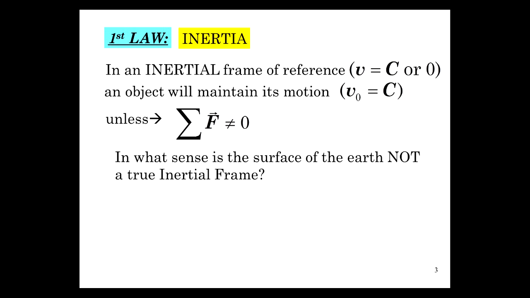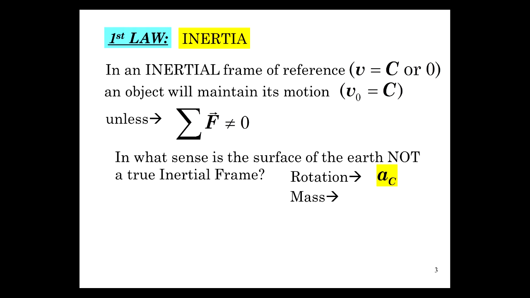That's inertia. Now, in what sense is the surface of the Earth not a true inertial frame? The reason I would ask this is because the surface of the Earth is typically the reference frame from which we are taking measurements. So it's kind of a special case, but a very important special case. And the answer is the Earth rotates, so it has centripetal acceleration that is not constant velocity.